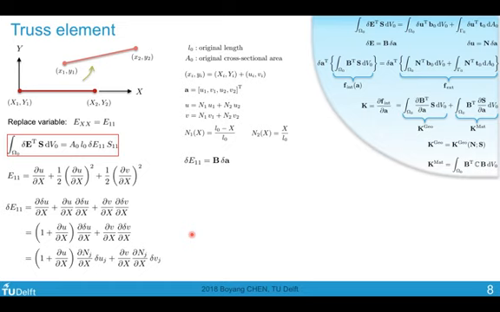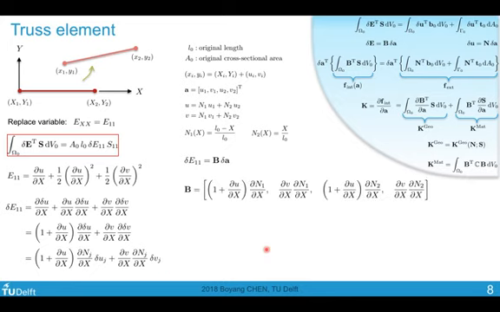Now we are very close to sorting out the B matrix, because we already have the delta uj and delta vj. The B matrix would be a row vector, so you can verify this easily. If we substitute j by 1, then delta u1 would be the variation with the first nodal degree of freedom here, and replacing j by 1 would give us the first term, and then you can verify the rest.